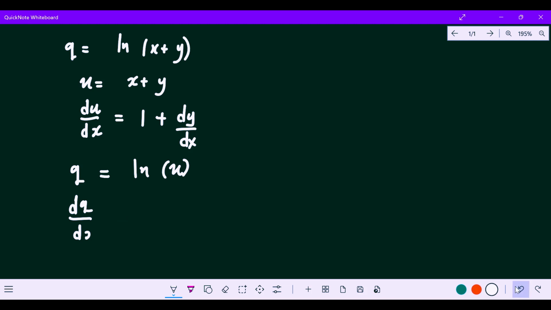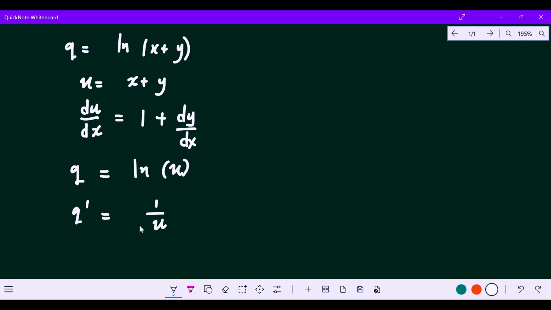Let me call it q prime. So q prime will be equal to 1 over u: differentiate the guy inside, divided by u.